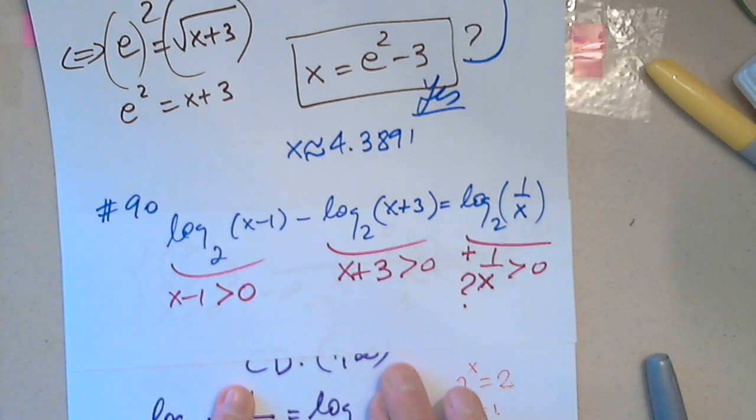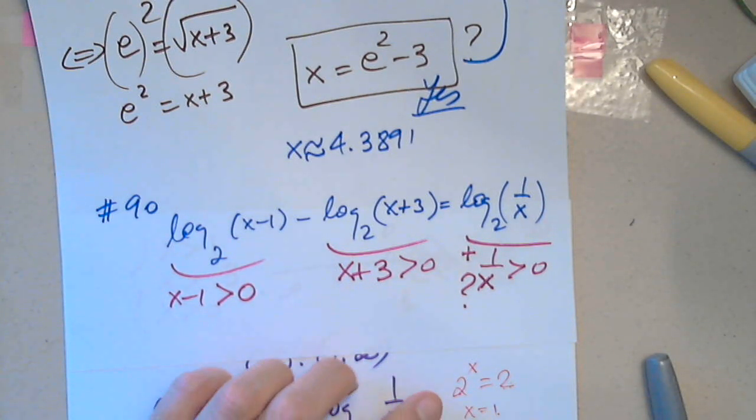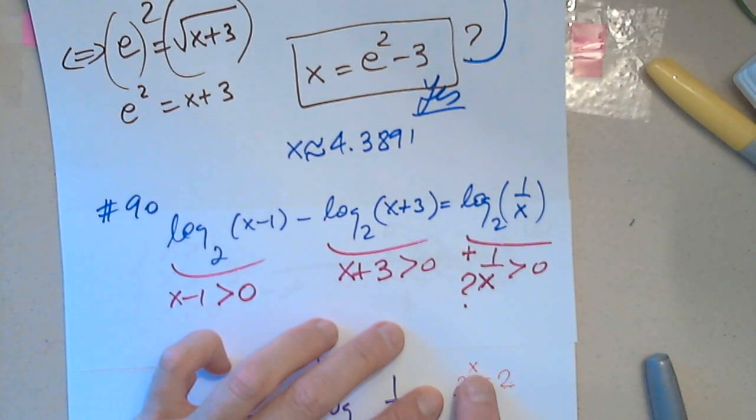What has to happen to these expressions? So really my question is, log base 2 of 10, can it equal log base 2 of 5? Like here, can 2 to the 5th equal 2 to the 1st?